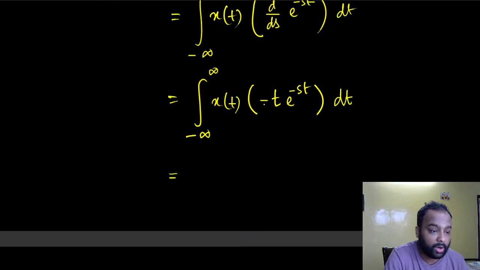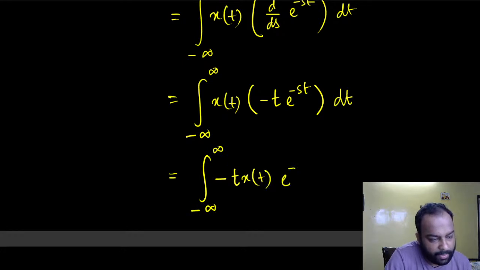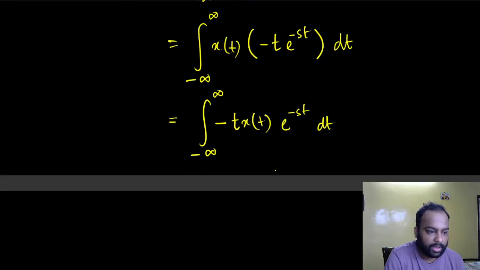Actually, minus t cannot go outside the integral, because t is a function of t, and we are integrating with respect to t. I would have the integral of minus t x(t) e to the power minus st dt, right? Now look at this entire thing.